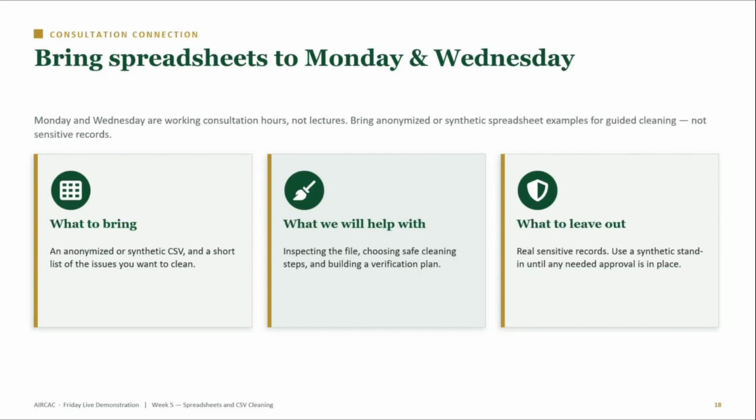Use the synthetic data. Okay, so always we need to use synthetic data. This is my suggestion: never share your real data with AI or with people who are not allowed to see the data.